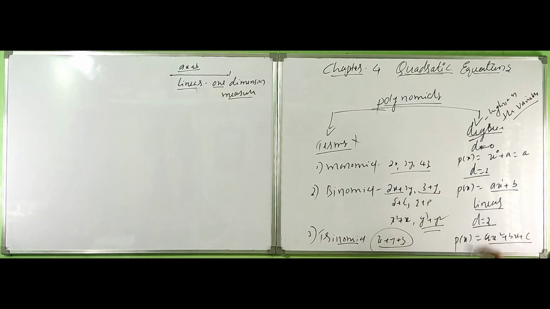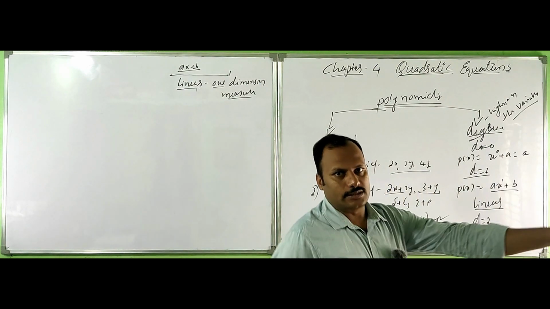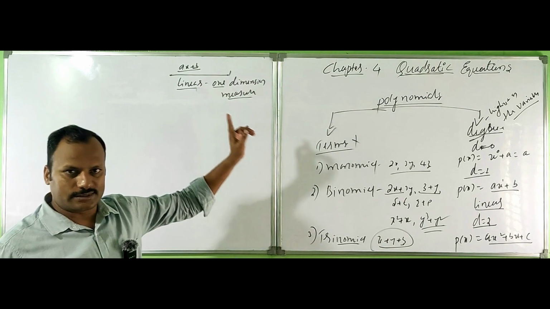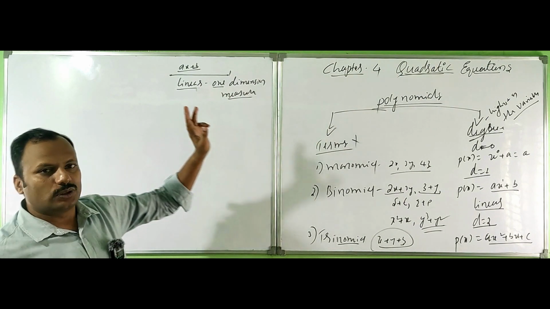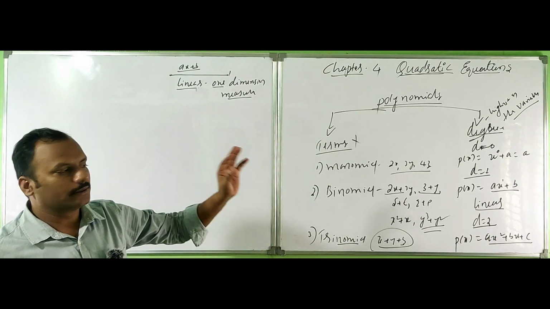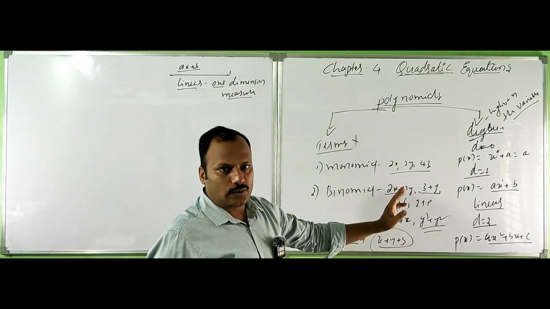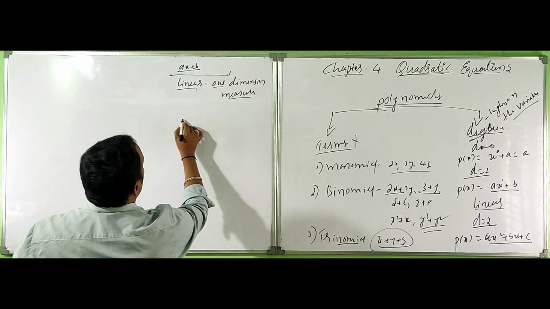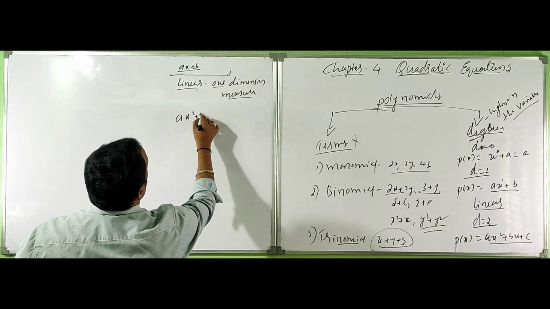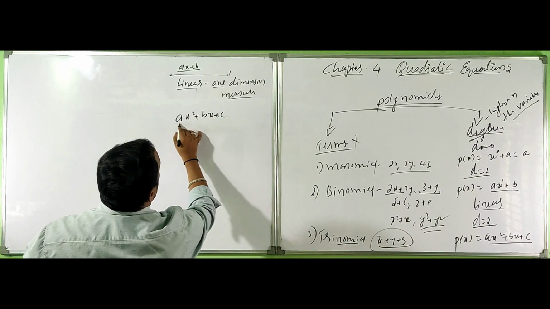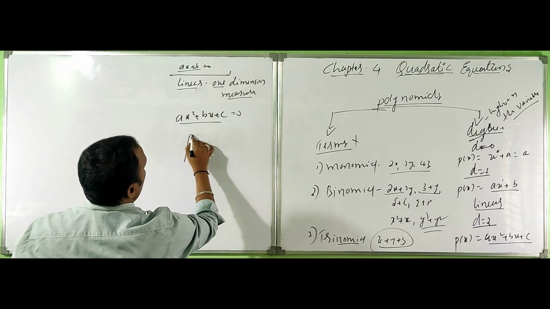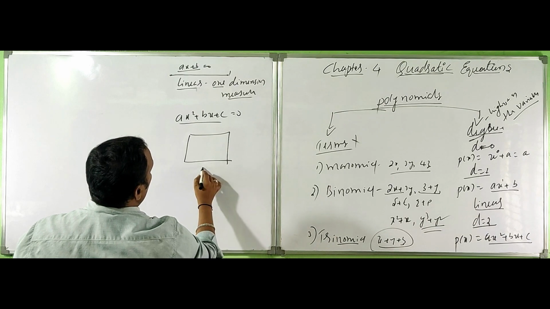For a linear equation there is only one zero in the graph, it cuts the x-axis at one single point, but here the curve cuts at 2 points, right? Degree 2 means 2-dimensional. This is in the form ax square plus bx plus c equal to 0, and it is 2-dimensional.